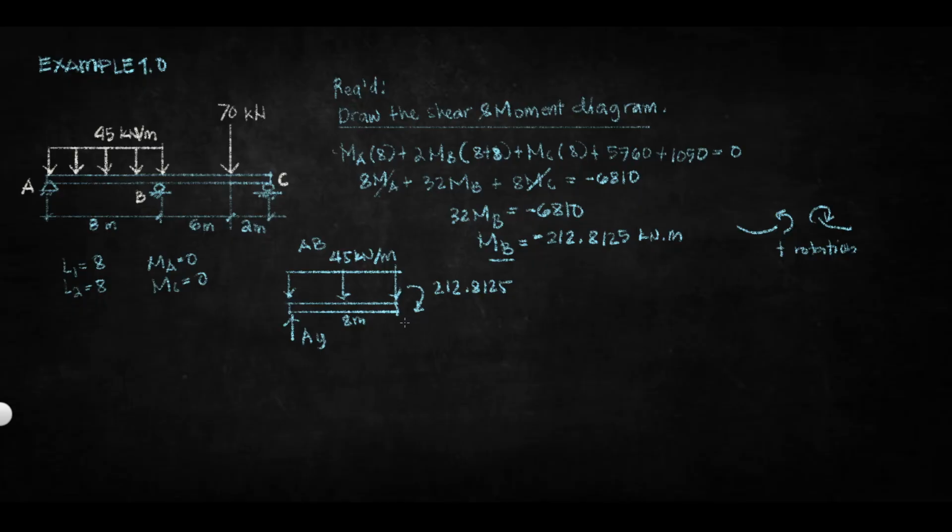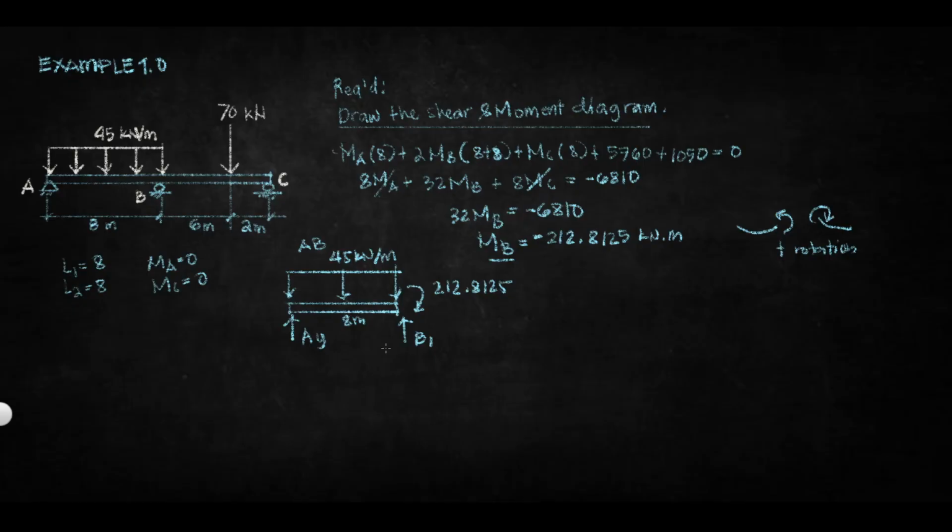Okay, and then, of course, meron po tayo dito yung shear sa ating B or reaction ng ating B considering AB segment. So, let's say this is your B1. Okay, hindi pa yun yung B1, yan pa lang yung B1 kasi may B2 dun sa kabilang segment. Okay?